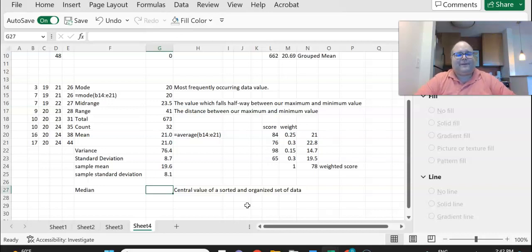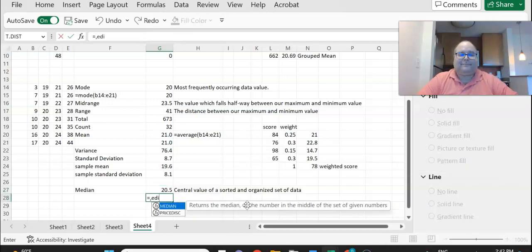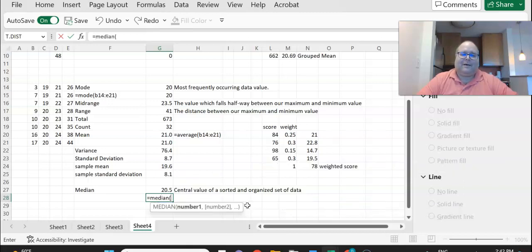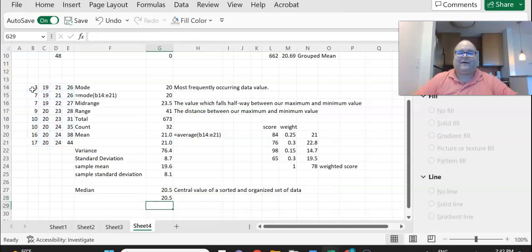Halfway between them, our median is 20.5.